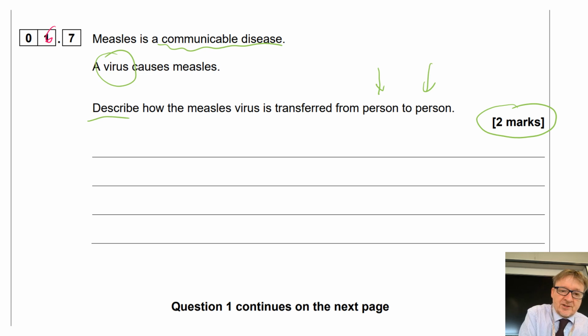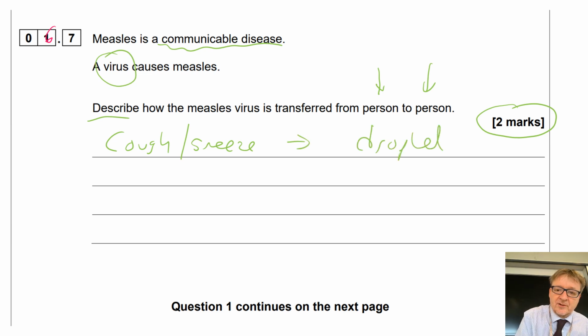So the first stage is I could cough, I could sneeze, and that could then give out droplets that have then got the virus in it. But if you think about it now, all I've done is I've talked about how I actually get it out of me. I haven't talked about how I actually get it into the other person.